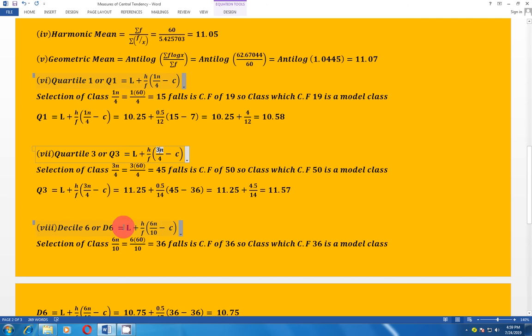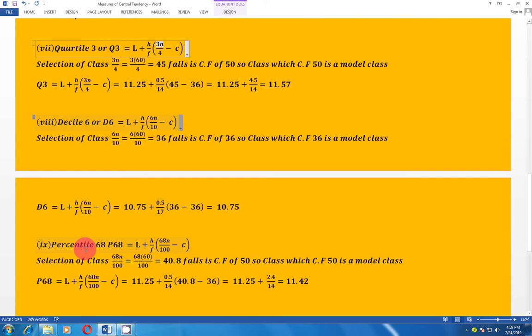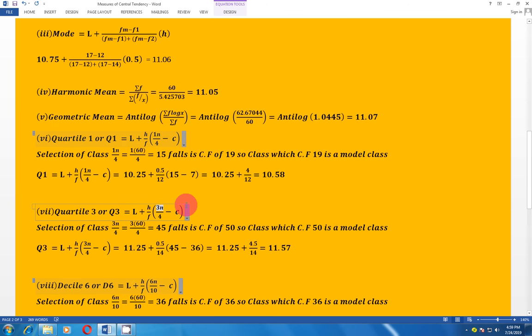Here we are going to calculate decile 6, so we will multiply this 6 with n, and if we are going to calculate percentile 68, we will multiply this 68 with n, and the rest of the process is the same as in the case of median.